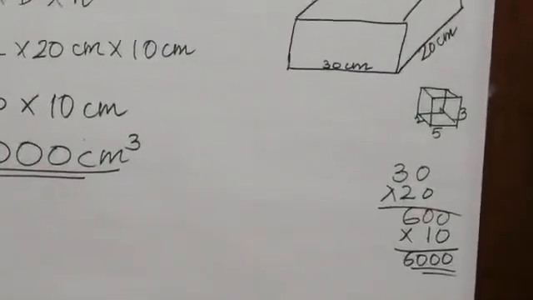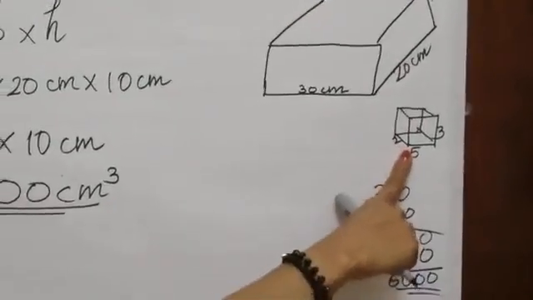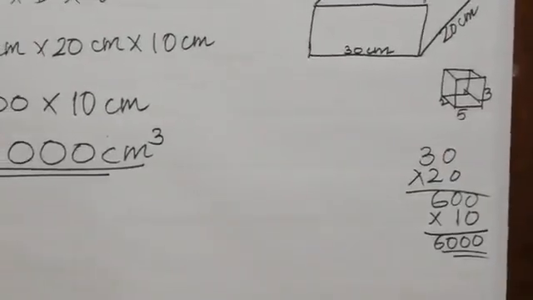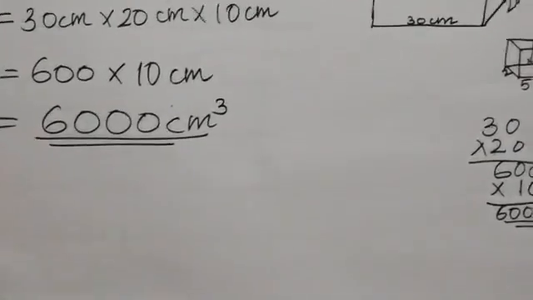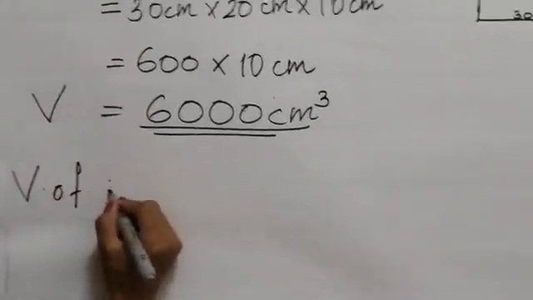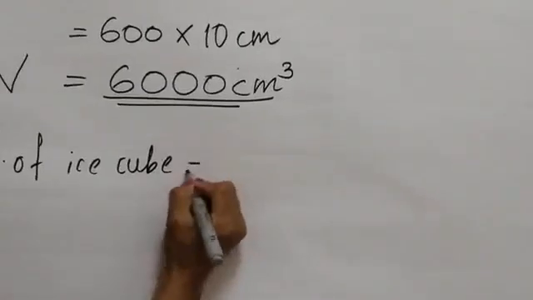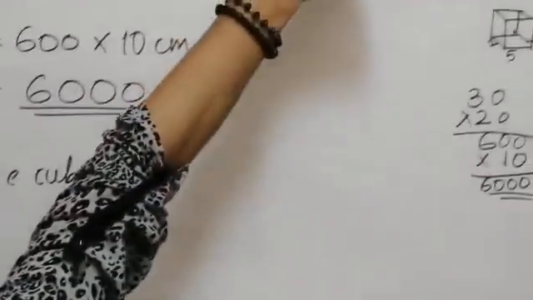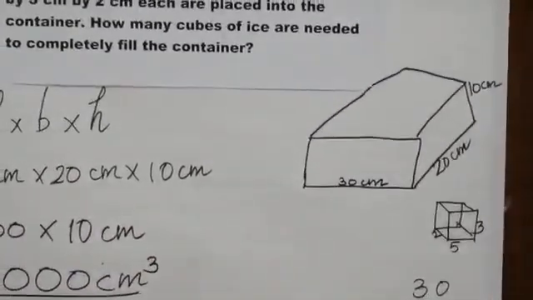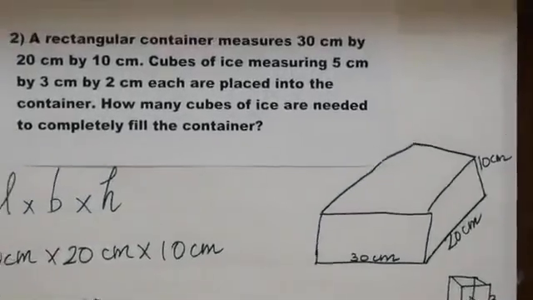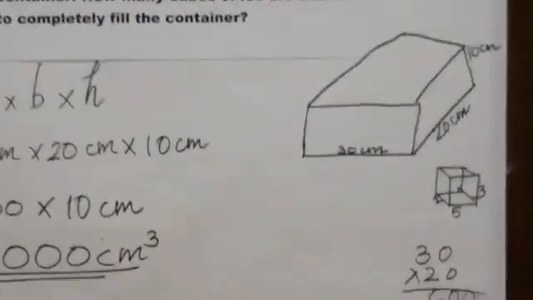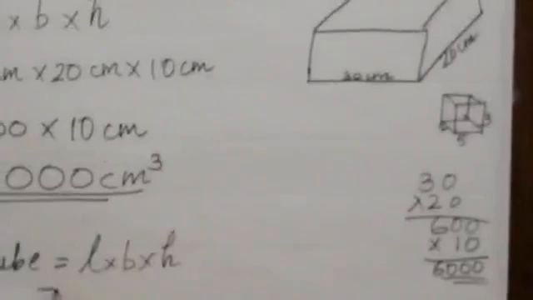Now we have to find the volume of this ice cube. So volume of ice cube equals, what is the measurement given there? 5 centimeter. First we will write the equation, then we can apply.